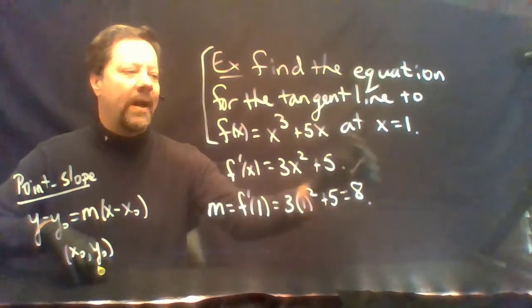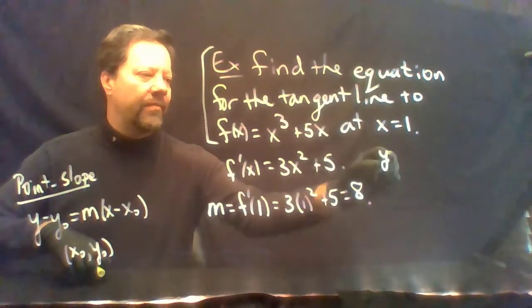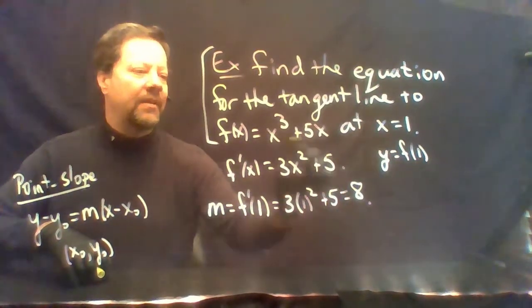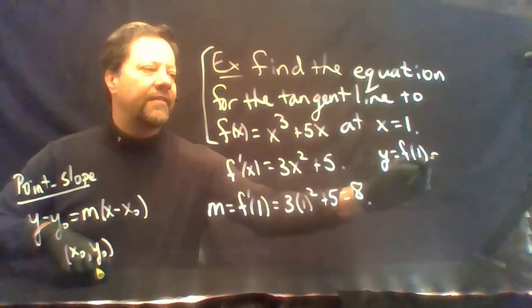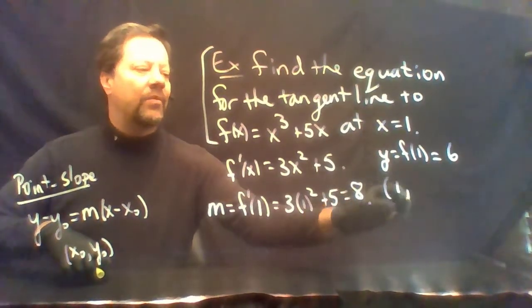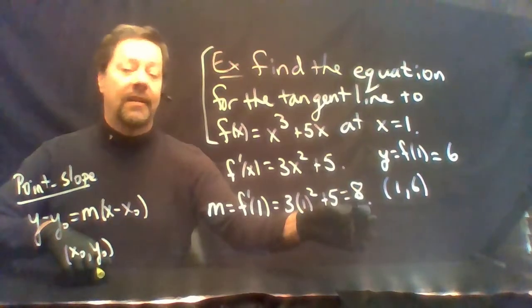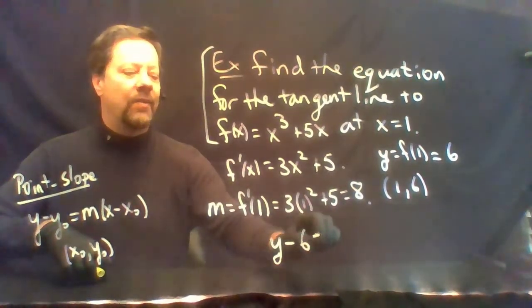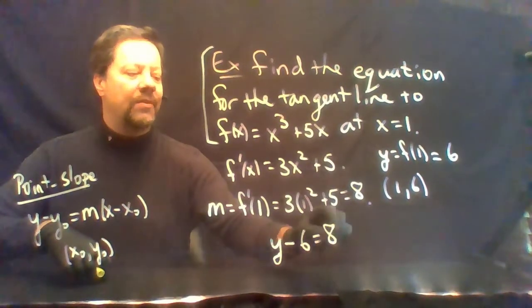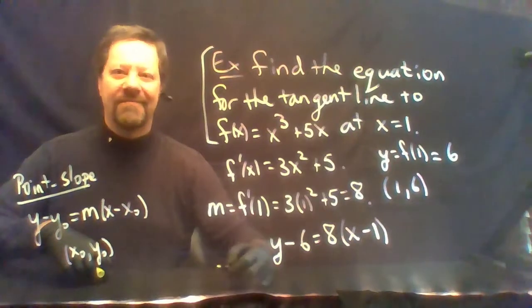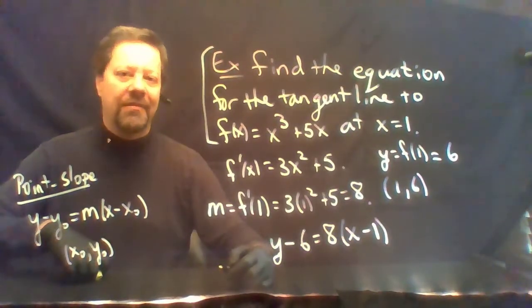To calculate the y-coordinate, we'll plug that number 1 into the function. We get 1 cubed plus 5, which is 6. So we're dealing with the point 1, 6, and the slope 8. It follows that the equation of the line is y minus 6 equals 8 times the quantity x minus 1. We can simplify and solve for y if we wish.